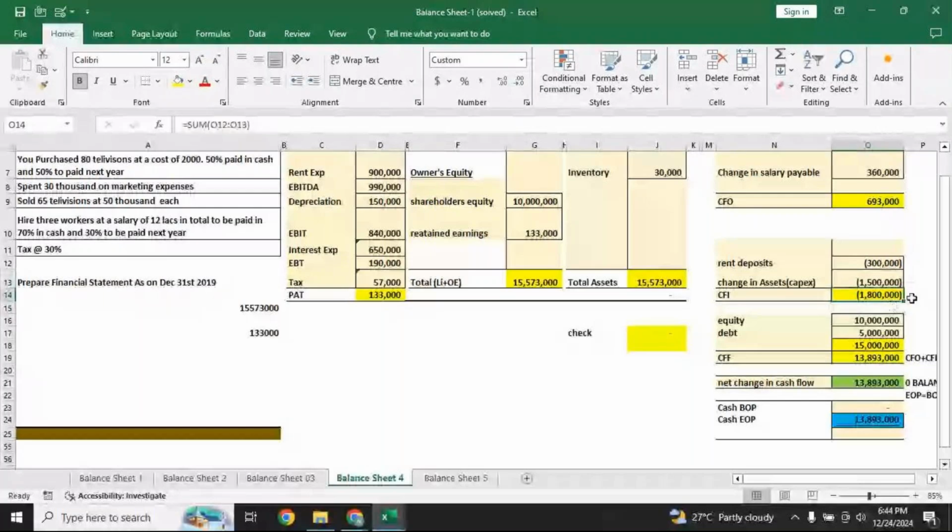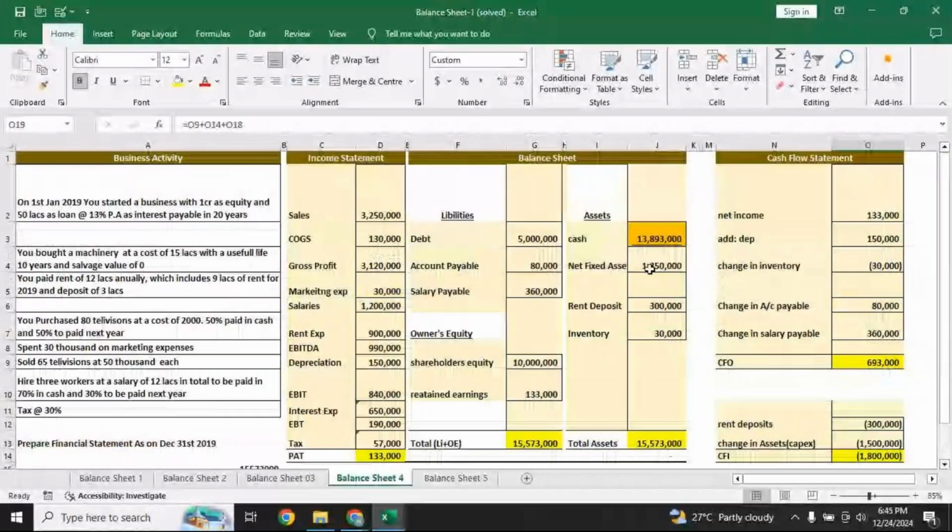Equity 1 crore rupees, debt 50 lakh rupees. So this one is CFF, financing activity. So now this will be CFO plus CFI plus CFF. I'm going to get this. Okay, so this amount I'm going to bring it in the asset side of my balance sheet. I'll put this value and then make the tally.